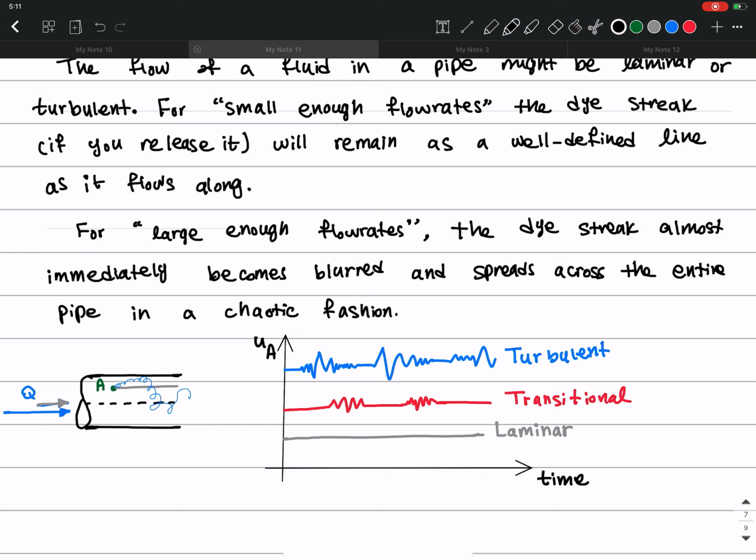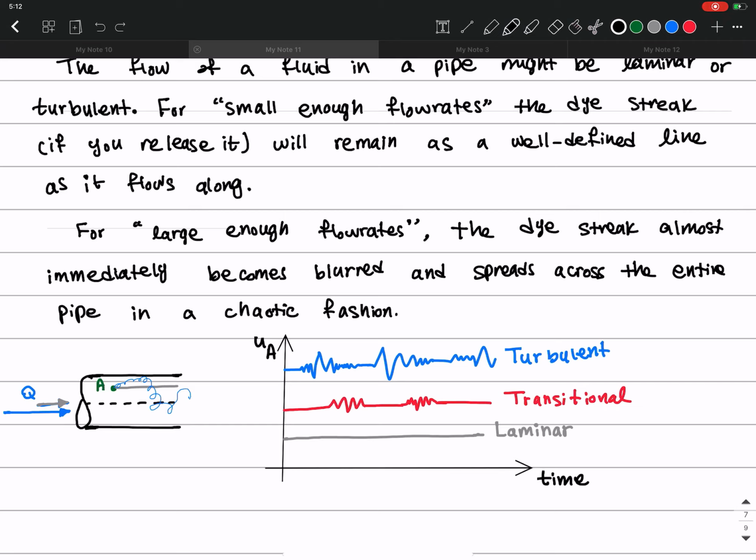So as you see, we can define these three regimes in any fluid flow. A laminar flow where the velocity is not varying with time, is constant at any point in the flow that you look at. Transitional state where we have some chaotic motions, but they get back to a laminar state, they get damped.